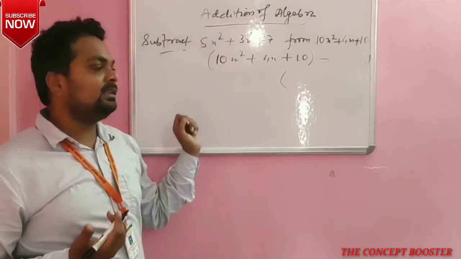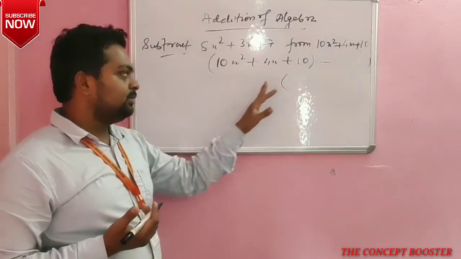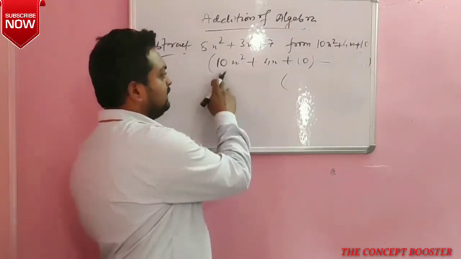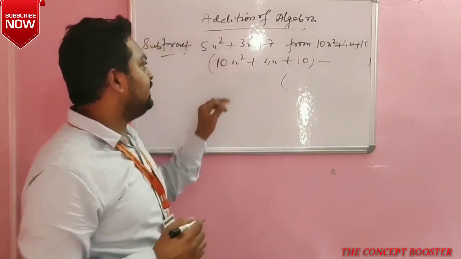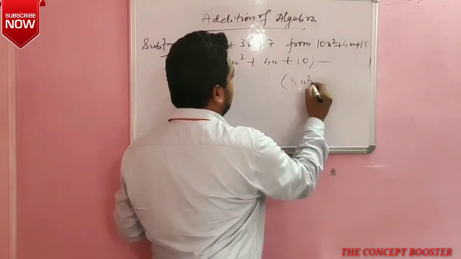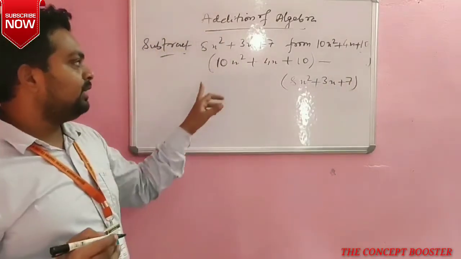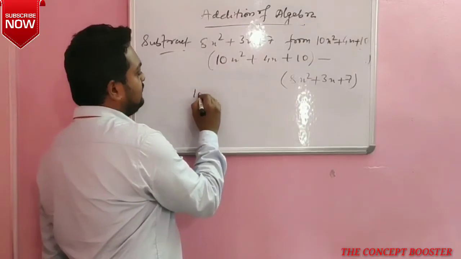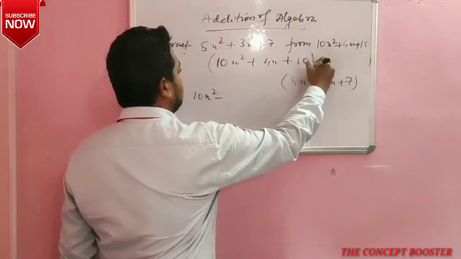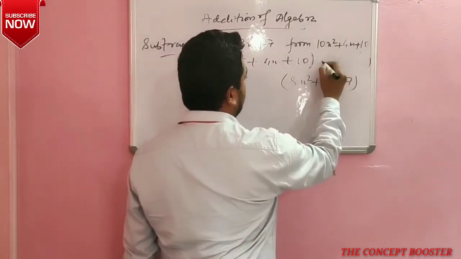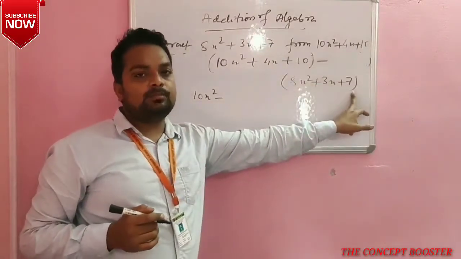If you do not take care of the sign in algebra, it will definitely give a wrong result. So just put the bracket. What we have to subtract is 8x square plus 3x plus 7. Now it is 10x square minus, and this minus will be multiplied with each of these terms.